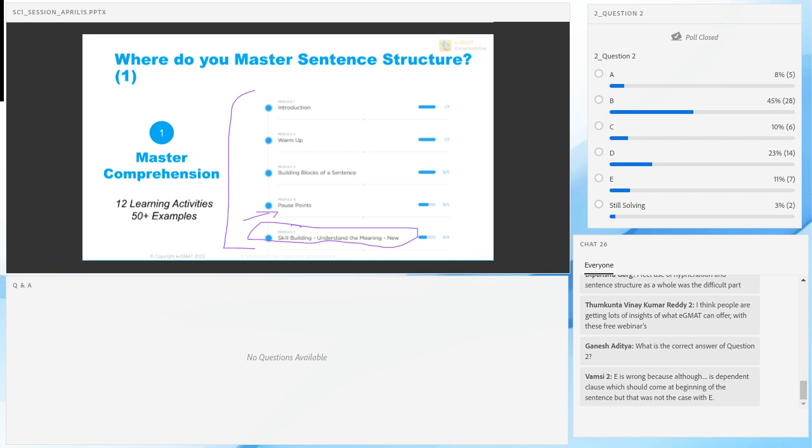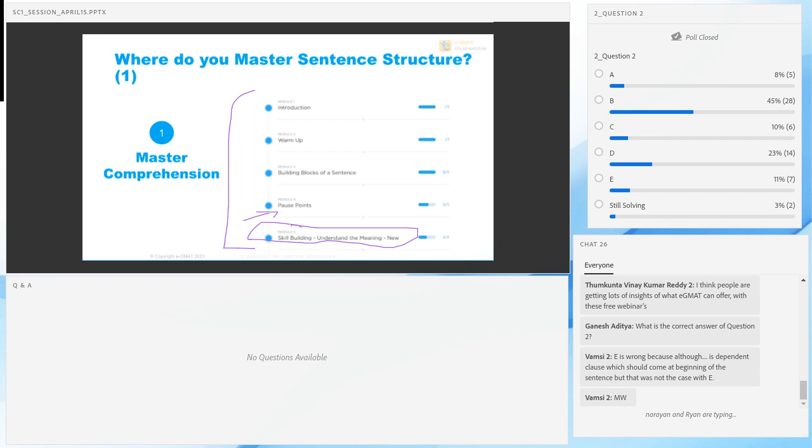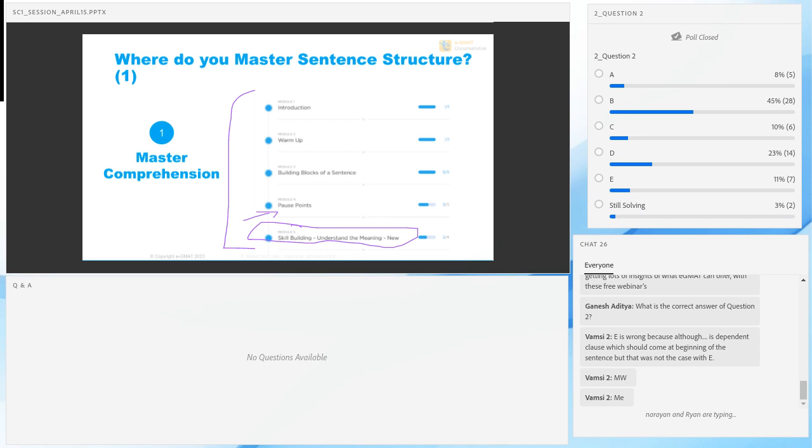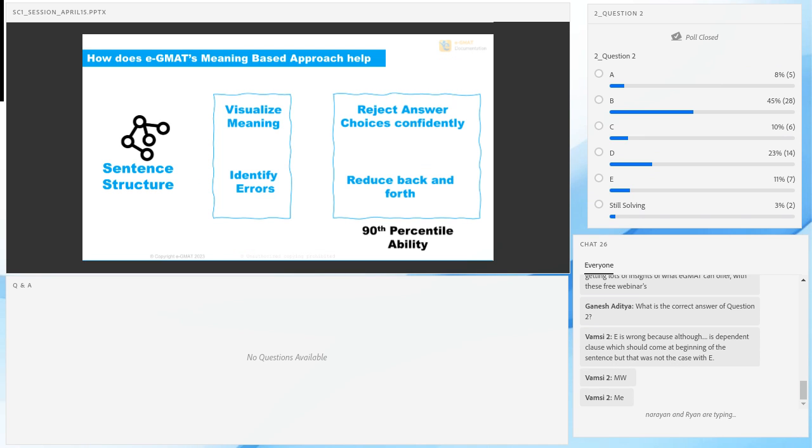I think some of you have questions about question number 2. How many of you have questions about question 2? Maybe I can go back into the details, because I know I kind of breezed through the answer choice analysis. E is wrong because although is a dependent clause which should come at the beginning of the sentence, but that was not the case with E. No, no, no. E is not wrong because of that.